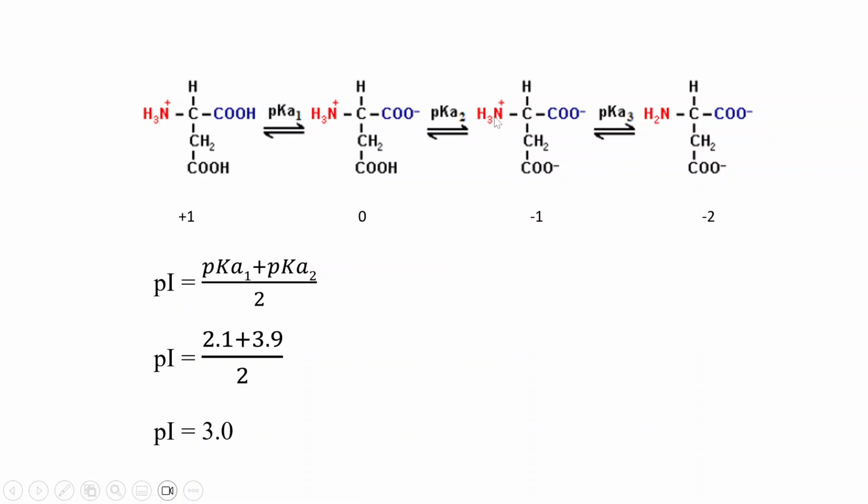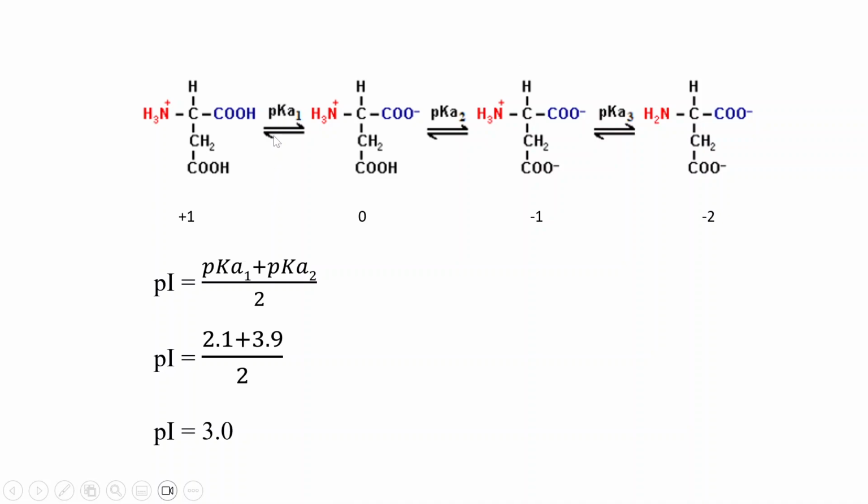Then you have this form where +1, -1 and -1 from the side chain as well. So the net charge is +1 and -1 gets cancelled, and there is one more -1. So the net charge is -1, and here the net charge is 0, -1 and again -1. So -1, -1, -2. So the net charge is -2.